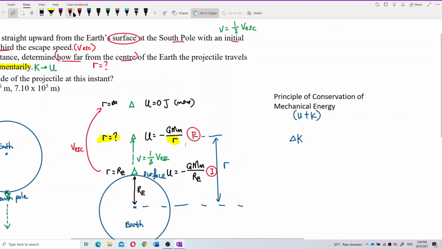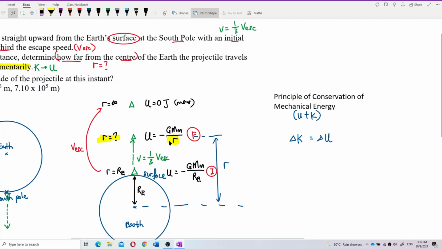So we use the principle of conservation of mechanical energy. The change in kinetic energy will result in the change of potential energy. Let me write it down. We want to find the r over here.